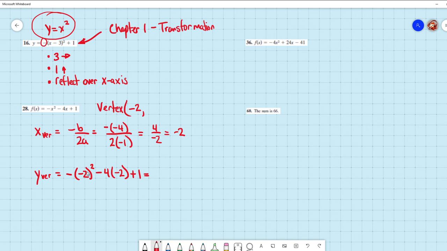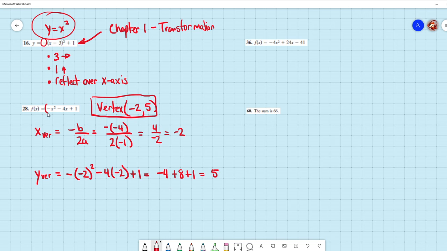So negative (-2) squared. Order of operations, I square first. That's a 4. And then you have the negative, so it's a -4. Then we have -4 times -2, which is a +8, plus 1. So that's going to give me 5 as my answer. So vertex is at -2, comma 5.